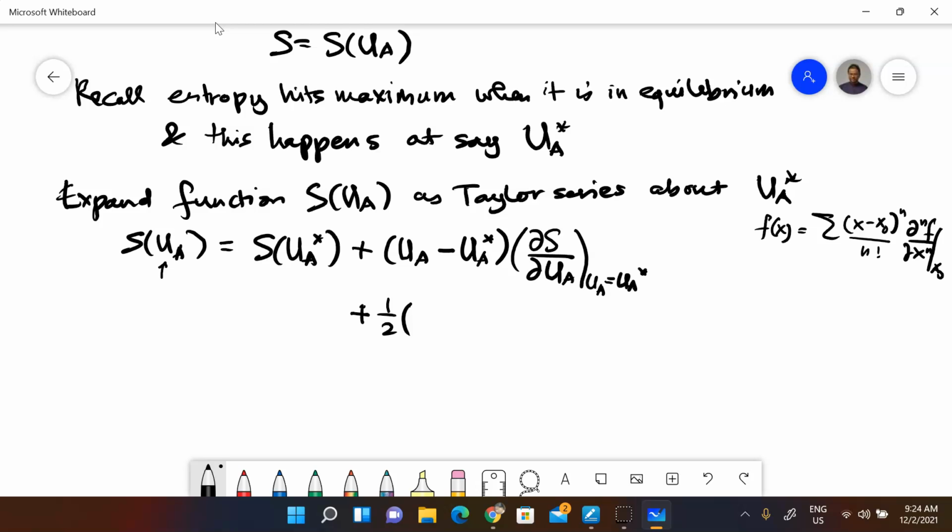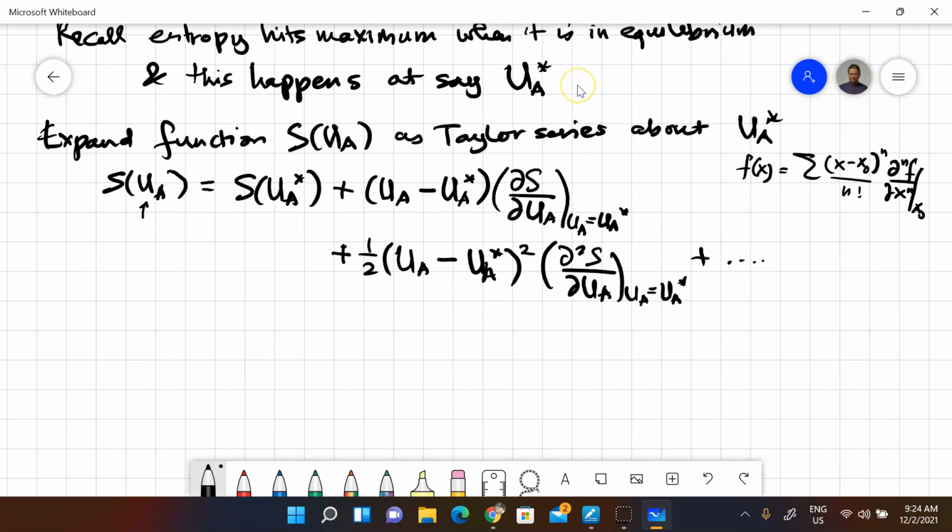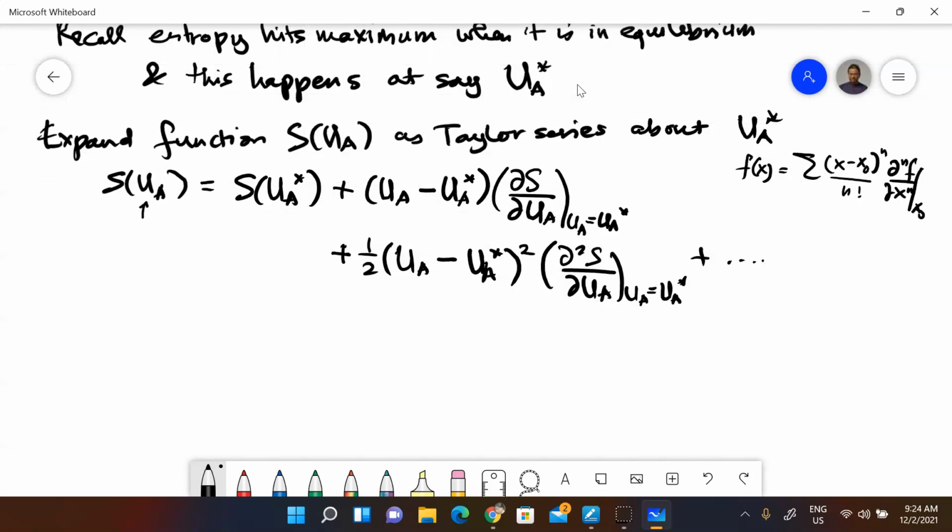So we need the second order one, and then this will be multiplied with, so this is squared, sorry, this will be multiplied with the second order derivative at UA star, and then you can continue for higher order terms, but we will stop at that for the moment.